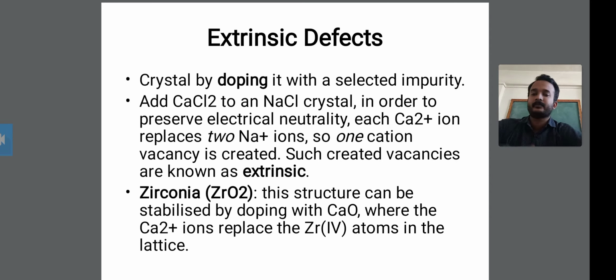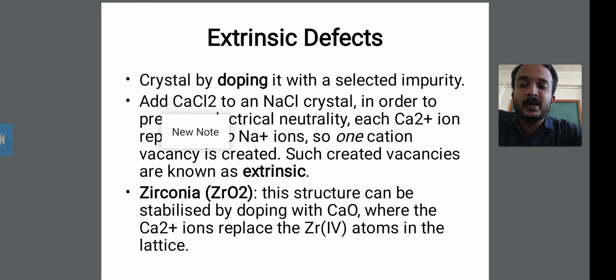So this structure is stabilized by doping with an impurity, calcium oxide, and the Ca2+ ion replaces the zirconium atom in the lattice. This is the extrinsic defect, the second category of defects and their concentration.